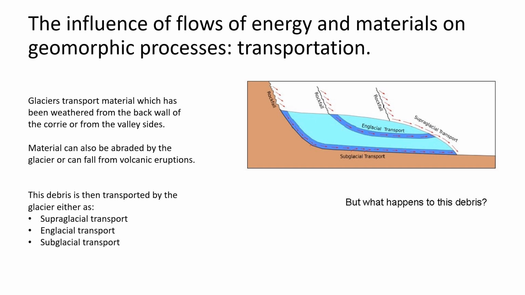If it falls within a crevasse, it may become englacial and move in the middle of the glacier, or it may be finding its way to the bottom of the glacier or be plucked from the underlying geology and moved by subglacial processes.